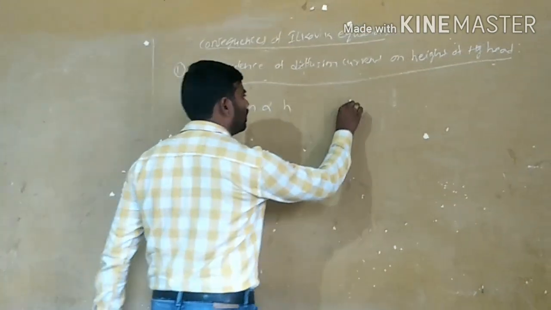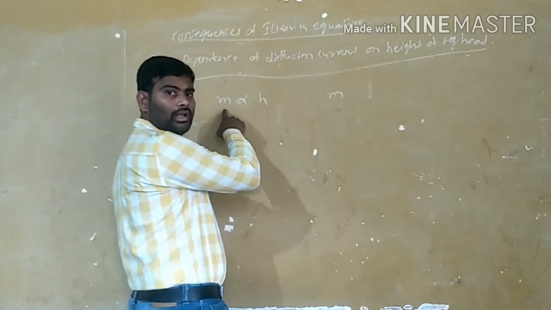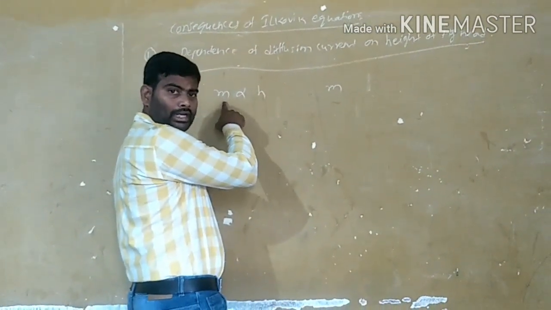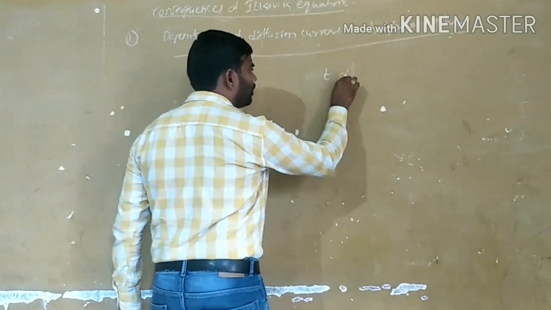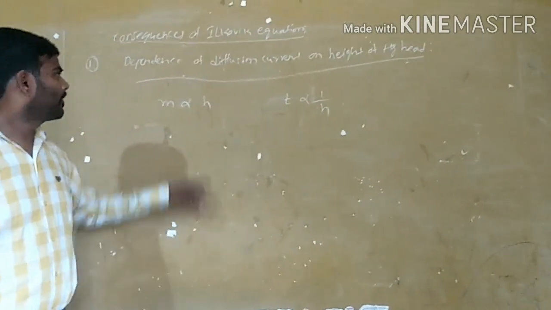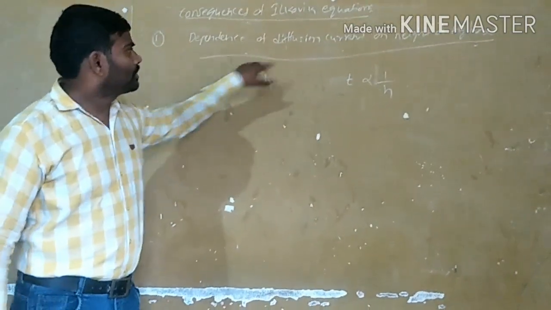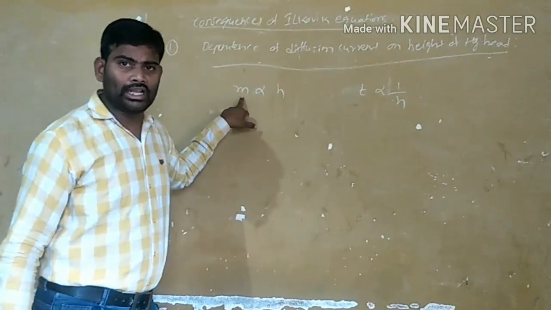Means with the height of the mercury head, flow rate is directly proportional and drop time is inversely proportional, because by changing the height of the mercury head, flow rate increases.